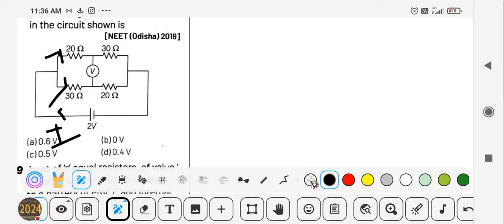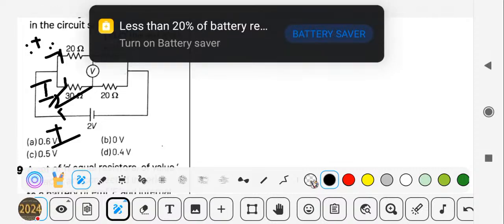The current divides; this is I1 and below it is I2. How to tackle this type of question? Just find the equivalent resistance. This I1 branch is in parallel, and below it is also in parallel. Both are parallel to each other, but 20 and 30 are in series.